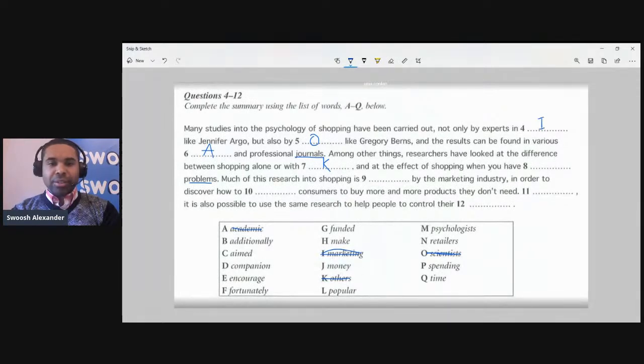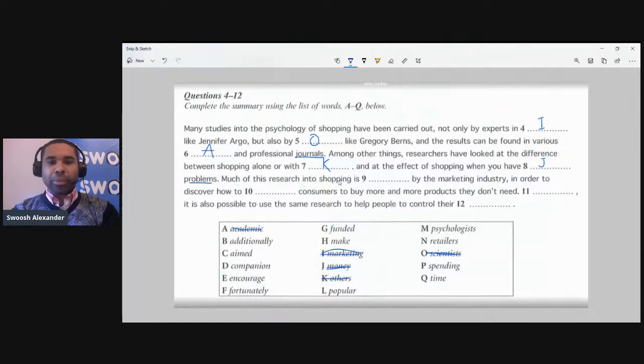The best we can see from the options available would be money. Money problems. The other words wouldn't work in this context. They wouldn't make sense, or they grammatically wouldn't fit the gap. So money problems would be the answer, which is another way of talking about financial difficulties.